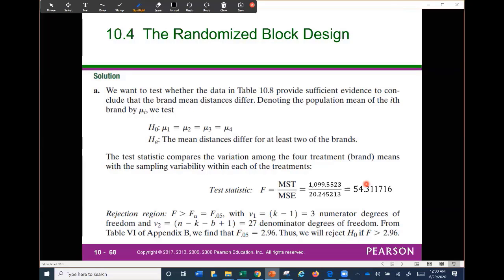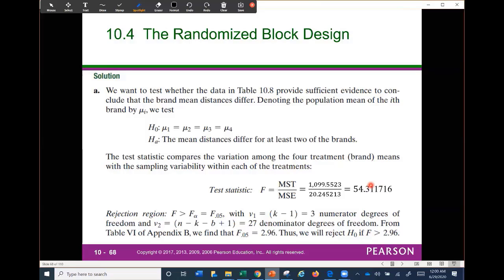Because my evidence, my sample, falls far away from my expectation, because we expected 95% of all values below this F value, then if I obtain 54, we have enough evidence to reject the assumption that all means are equal.